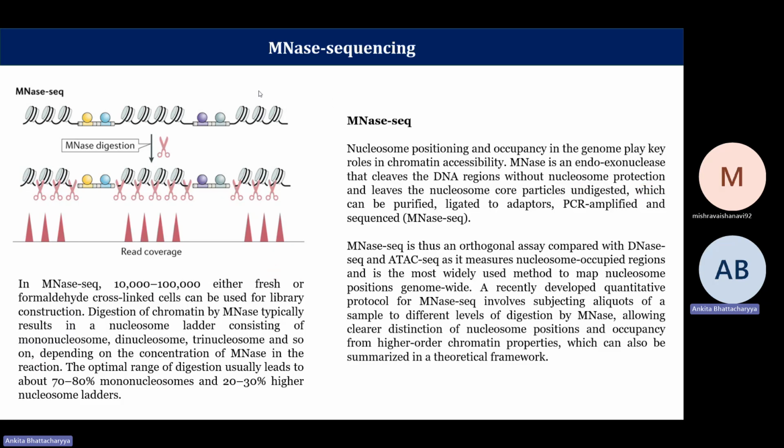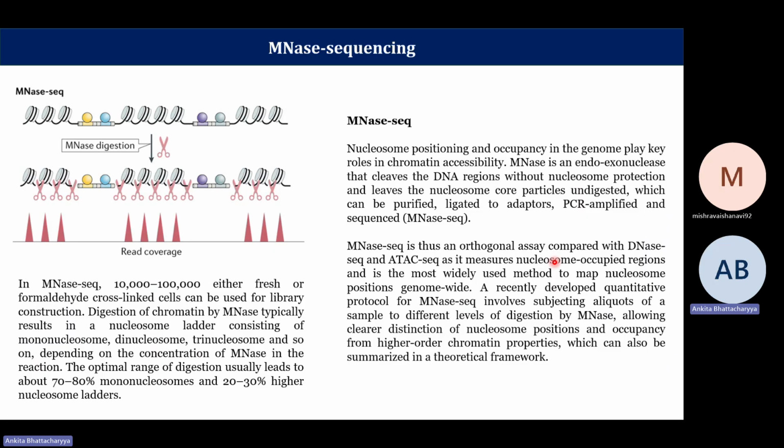So it is therefore an orthogonal assay compared with DNase-seq and ATAC-seq. Why? Because it measures nucleosome occupied regions and is most widely used to map nucleosome positions throughout the genome.